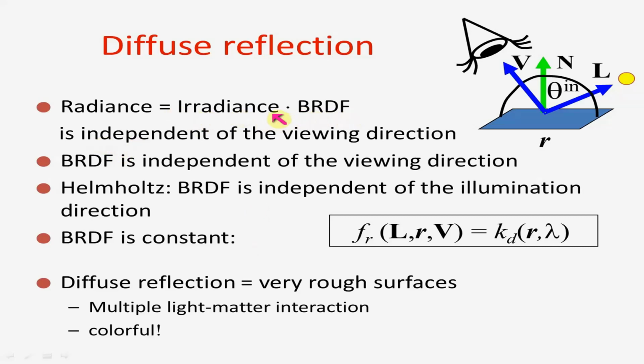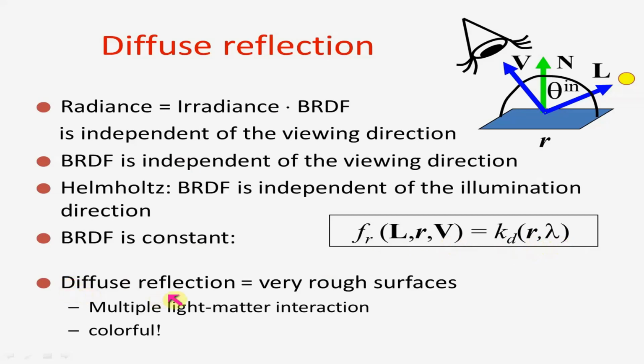The irradiance is obviously independent of the viewing direction, so as a result, the BRDF must also be independent of the viewing direction. According to Helmholtz reciprocity, if the BRDF is independent of the viewing direction, it must also be independent of the illumination direction. So, as a result, the BRDF for diffuse surfaces is direction independent or constant. Well, it may depend on the point and also on the wavelengths, but not on the illumination or viewing directions.